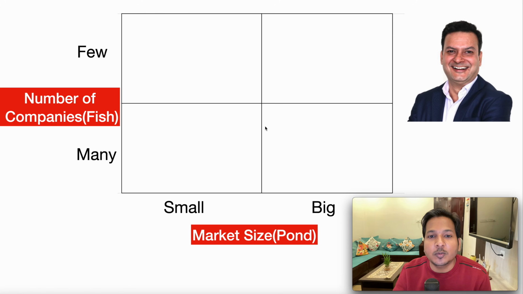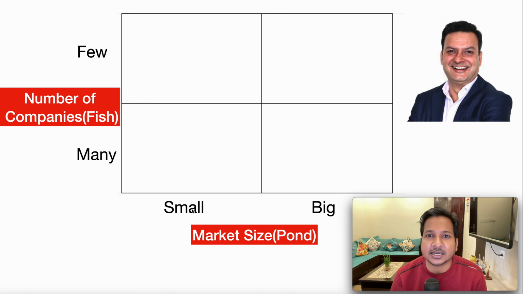This is actually a 2 by 2 table, which shows the market size as a pond, a big or small pond. If the market size is small, for that particular service or goods there is a limited market, like luxury goods, like a Lamborghini car.